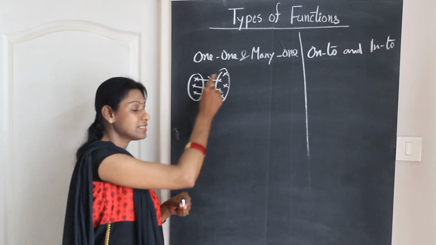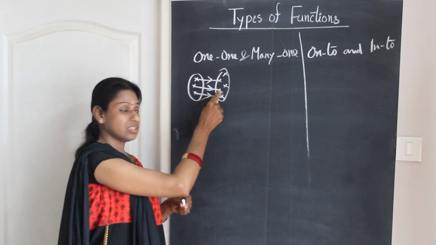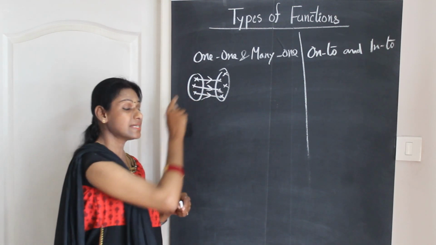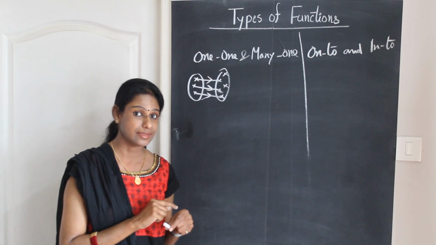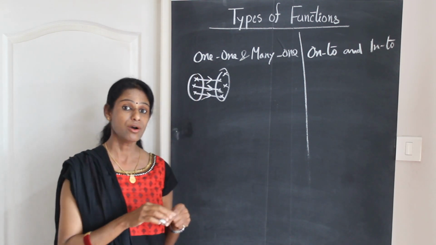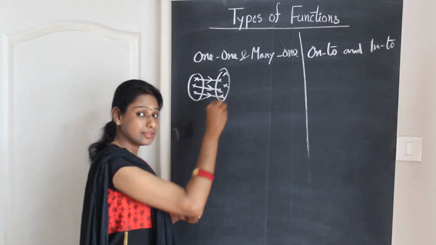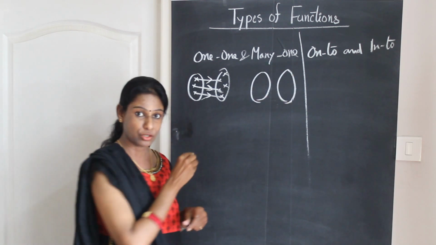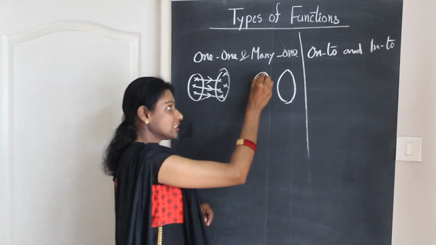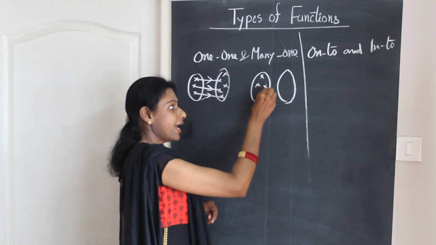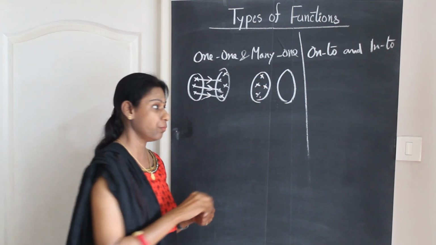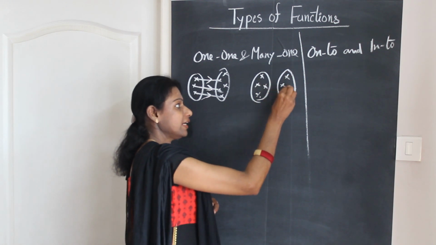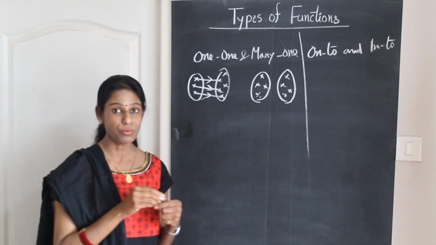Otherwise, if many elements of the domain are attached with a single element of the codomain or range, then it is known as a many-to-one function.